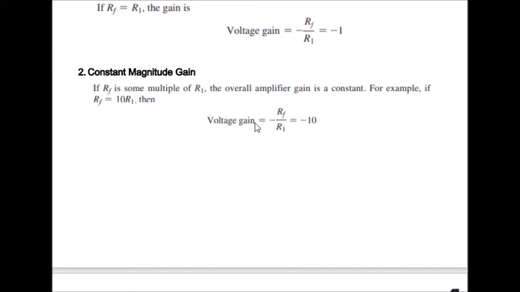So kapag RF is multiple siya ni R1, then that's the time meron tayong tinatawag na constant magnitude gain. Okay, kasi the result here is constant. Kasi naka-cancel out nga yung R1 and yung RF.